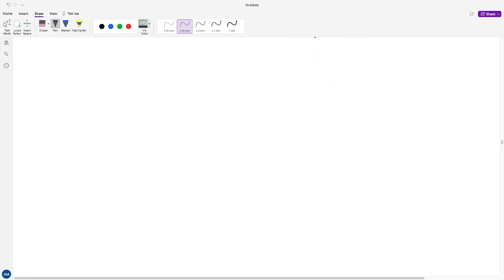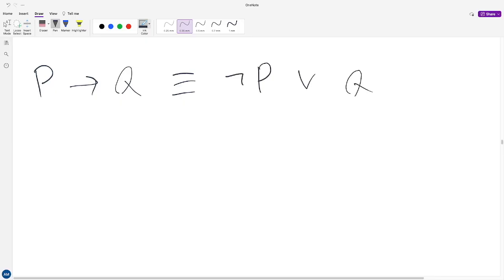Another logical equivalence that we have is an interesting one. P implies Q. We've gone over that quite a bit. If P, then Q. That's actually equivalent, and again, this is not very intuitive, to not P or Q. And you know what?